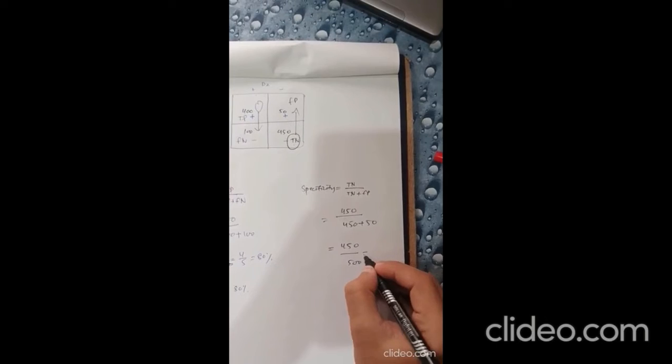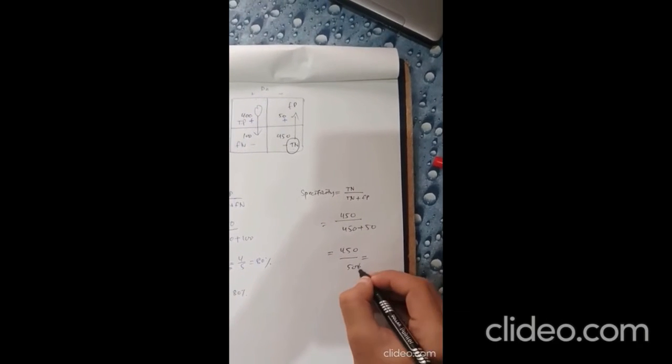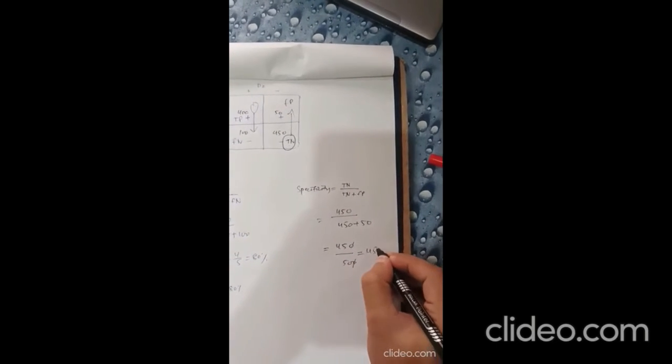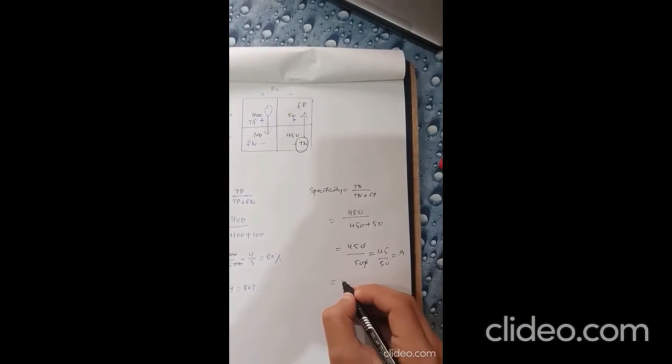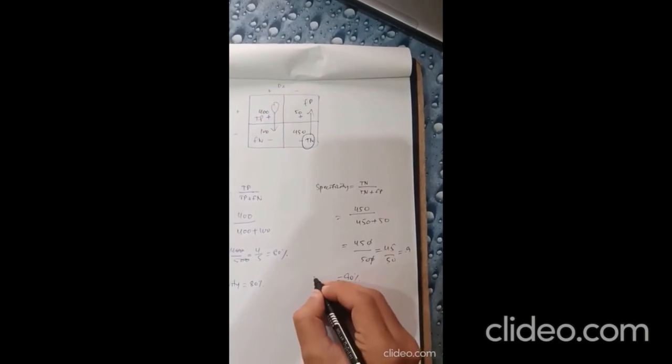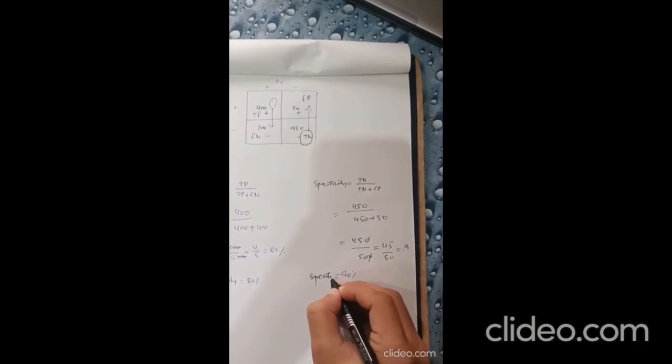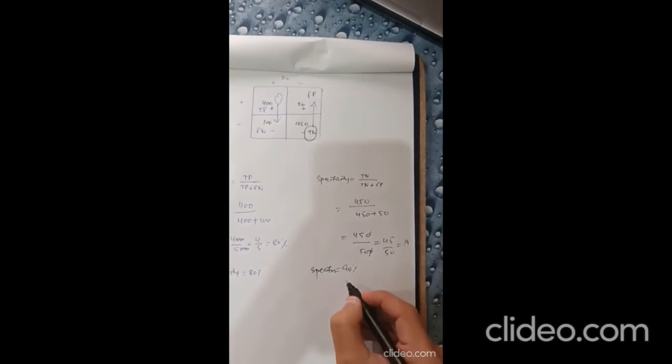And 450 upon 500, 45 upon 50, equals 0.9 or 90%. Specificity will be 90%. So let's move on to positive and negative predictive value.